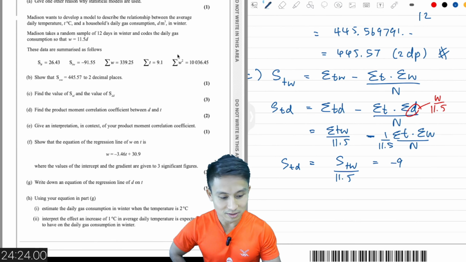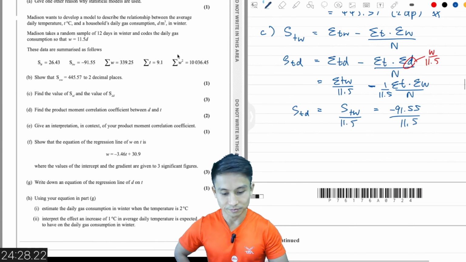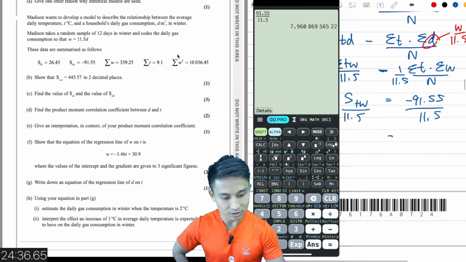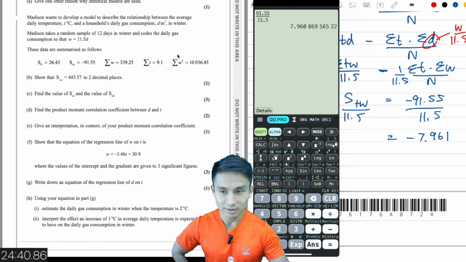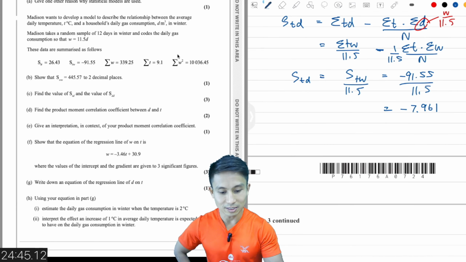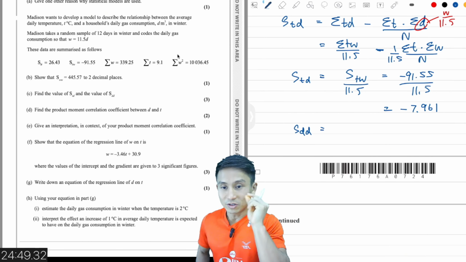So that's just minus 91.55 divided by 11.5 there. So that's going to give you minus 7.691, okay, for that. And the other one is SDD. Now SDD, you have two Ds.